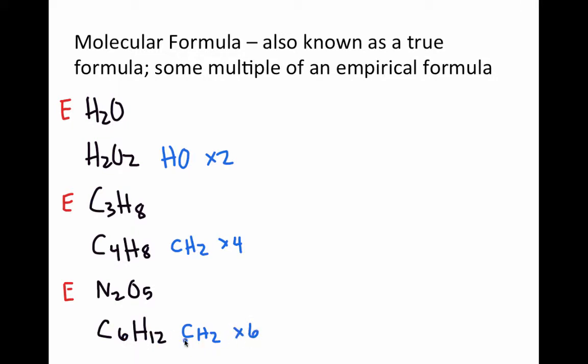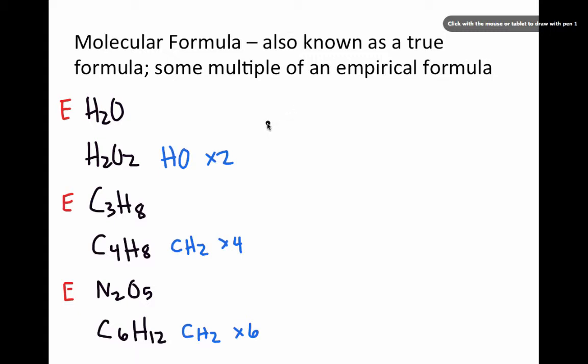So when we're comparing empirical and molecular formulas, the empirical is the lowest whole number ratio. It's reduced. You can't simplify it anymore. The molecular formula is some multiple of that. Now, to figure out what the molecular formula would be, we have a little formula that you can use. So let me change my pen color here.